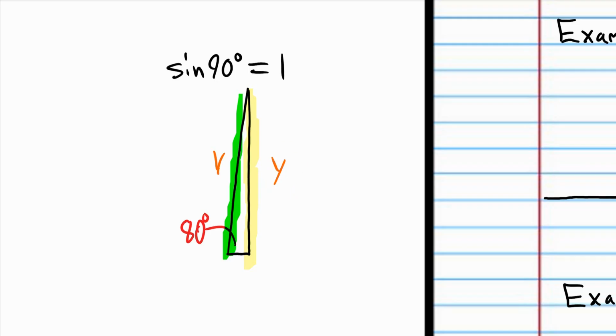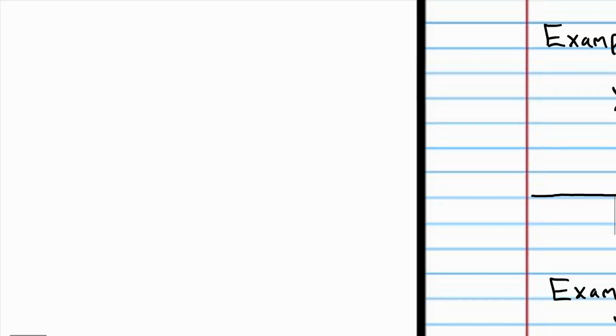So for convenience, mathematicians have decided to simply define the sine of a 90-degree angle as 1. And that is very confusing. It's not exactly obvious why they would do that. But again, for now, all you have to know is it's just convenient to define the function that way.